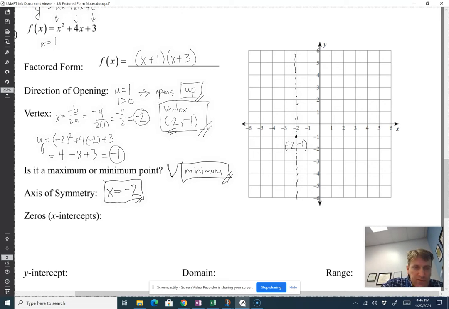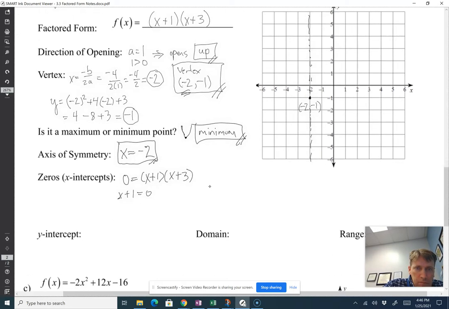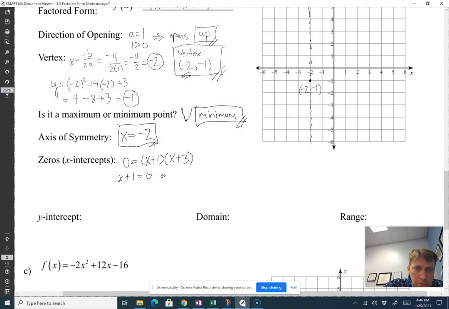For the zeros, we set y equal to 0, so I'm going to put 0 equals x plus 1 times x plus 3. And then I set each of those equal to 0. X plus 1 equals 0, or x plus 3 equals 0.